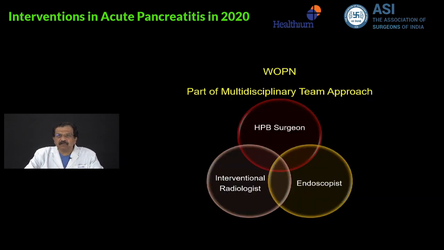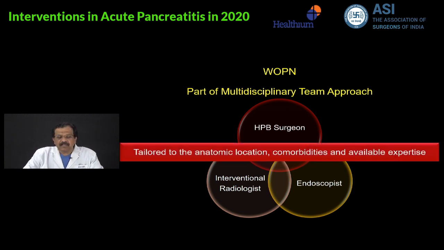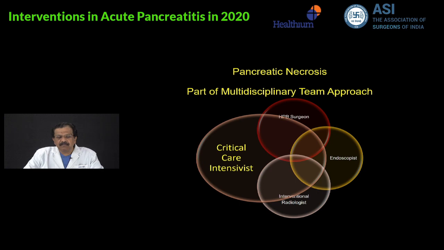So basically walled-off pancreatic necrosis needs a multidisciplinary approach between an HPB surgeon, an endoscopist and an interventional radiologist, but at the same time it has to be tailored to the anatomic location, comorbidities and the available expertise. We should not underestimate the role of critical care intensivists, who play a very important role in the entire duration of admission of these patients.